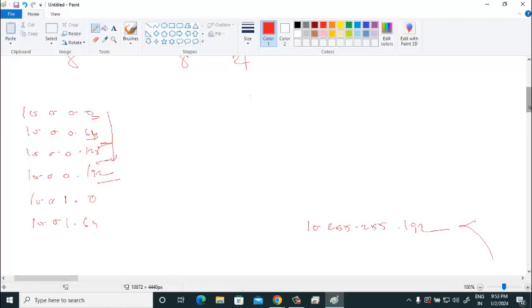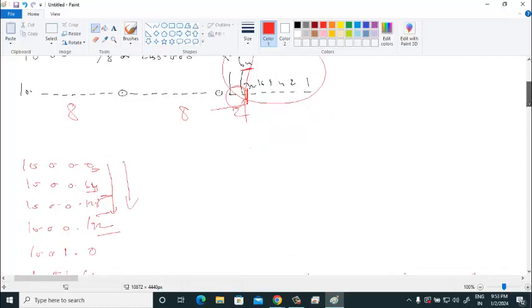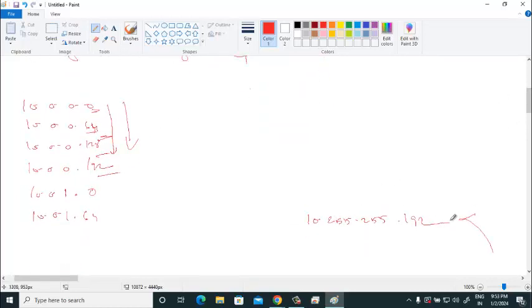If you're coming from top to down, you are adding. If you're going from down, you should subtract. If you subtract 64 from here, you will get 10.255.255.128. This is the actual last network.